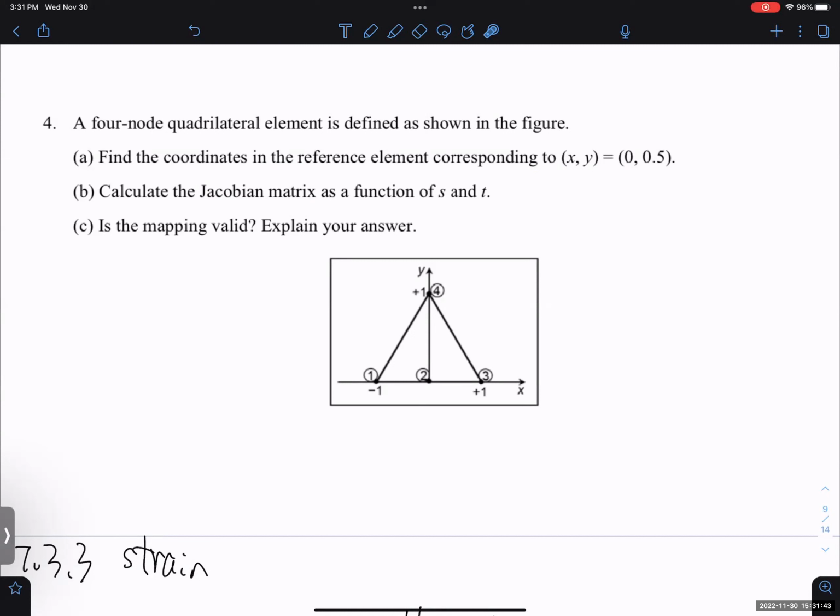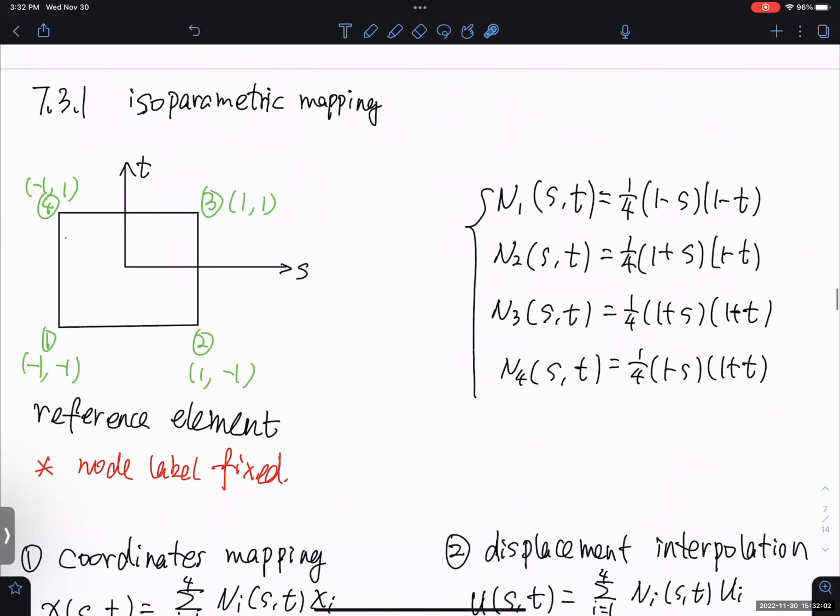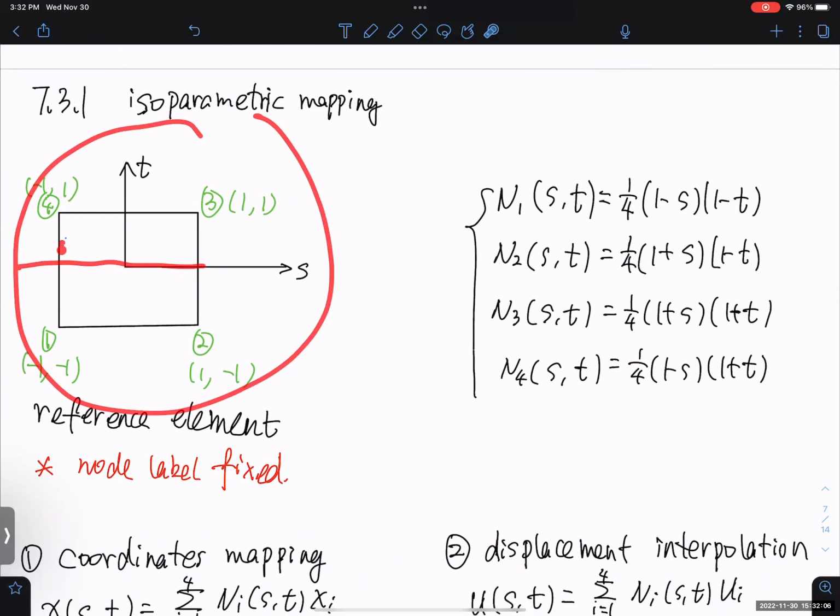And also we need to consider the range of S and T to check if it's greater than 0 or smaller than 0, right? So always use S from -1 to 1 and T from -1 to 1, because in our reference element, S is always from -1 to 1, T is always from -1 to 1.